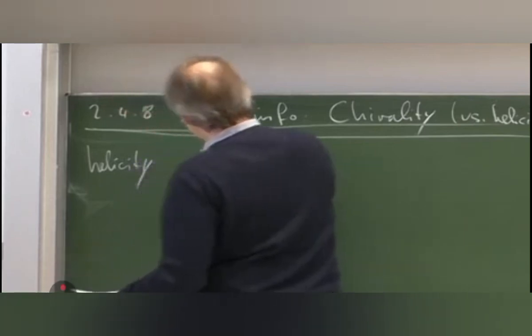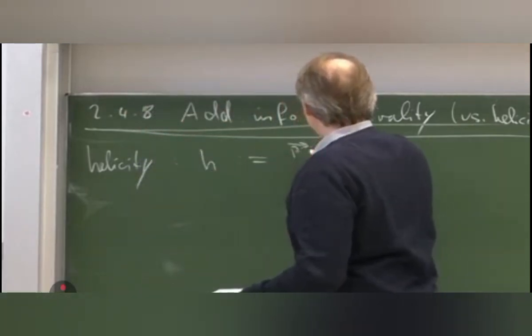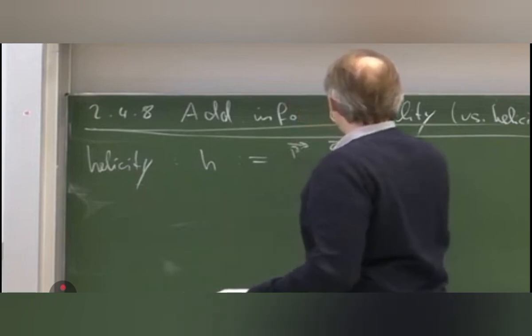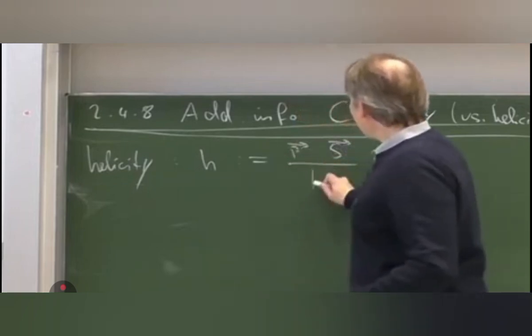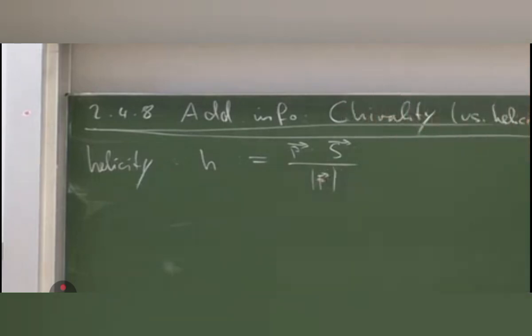Helicity, let's call it small h, is the p vector times the spin vector divided by the p vector magnitude. So it's the projection of the spin onto the axis of motion.